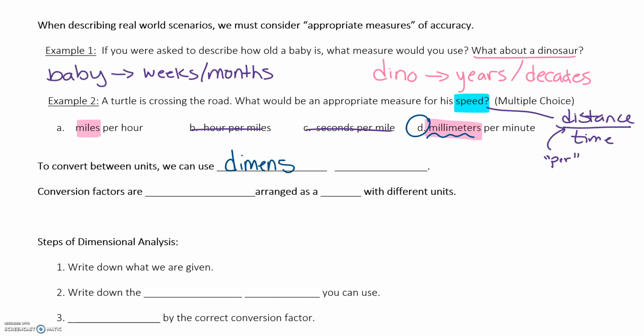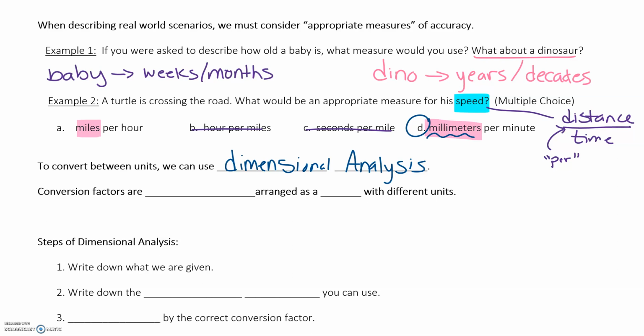Okay, so that is just the process that we use to convert between units. So if we're going to convert from minutes to years, we're going to use the process called dimensional analysis.